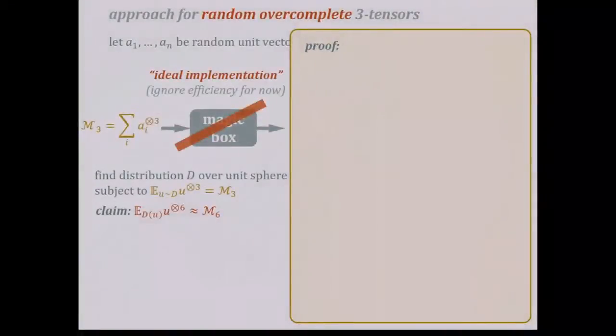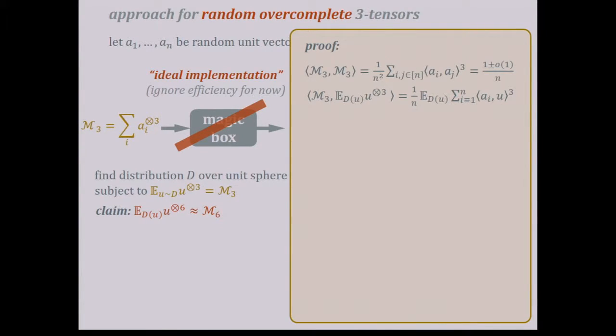So let's prove this claim that the 6th moments of the distribution that we computed in this way will be close to the 6th moments of our vectors A1 up to AN. First of all, there are some equations that follow from the fact that the third moments of the distribution D are the same as the third moments of the vectors.